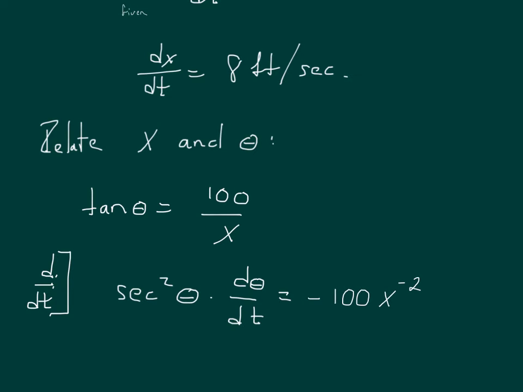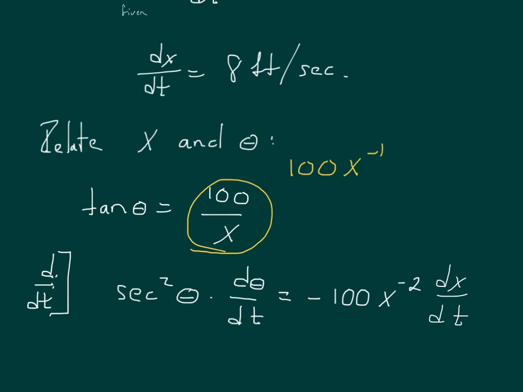Just in case you don't see what I've done, I was thinking of this as 100 times x to the minus 1. Differentiating the outer function, I have minus 100 x to the minus 2. Now remember, x is a function of time, so we have to differentiate the inside, that x, with respect to t. So times dx/dt.